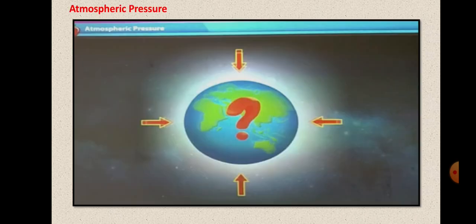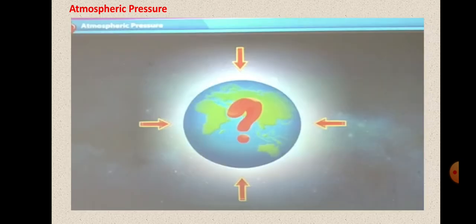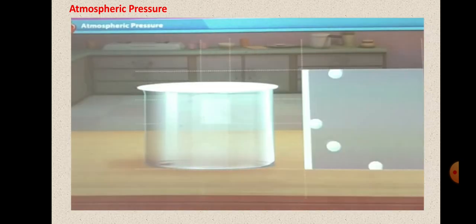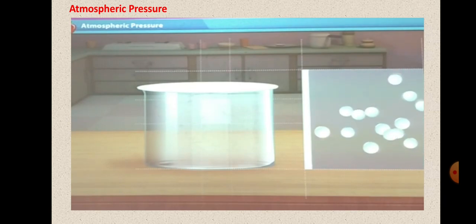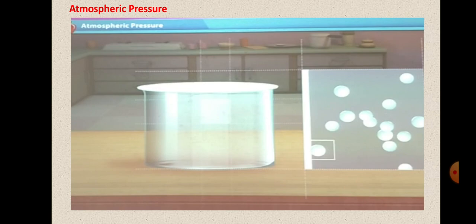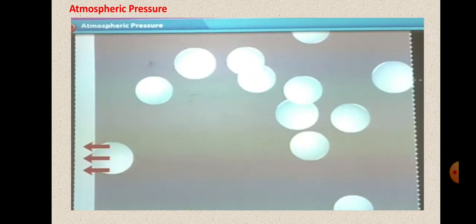Now this is how you can understand the atmospheric pressure with the help of this experiment. Now you can see that in the container, the molecules are present, and these molecules are exerting pressure in all the directions.